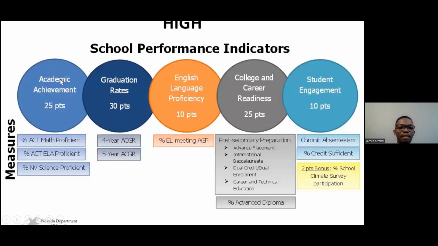All right? And this slide just gives a visual on what I just discussed. So I'm going to pause here and allow Davian to take over.